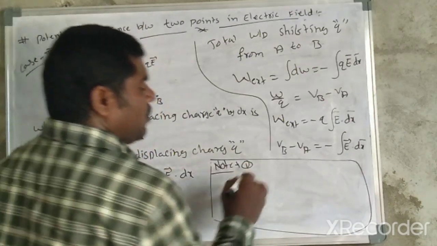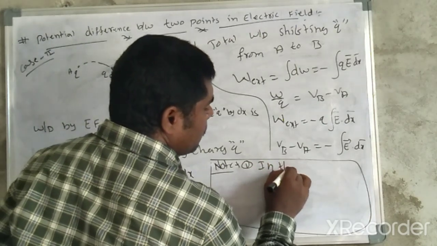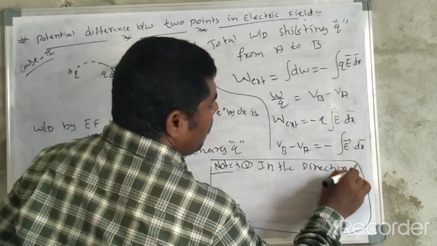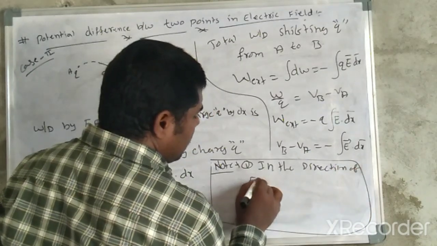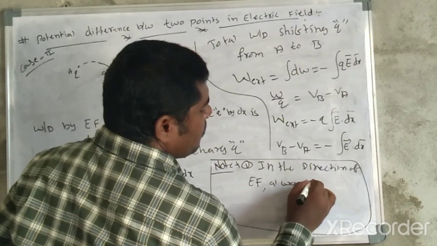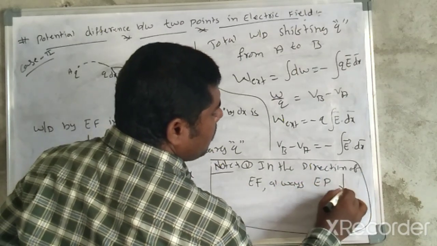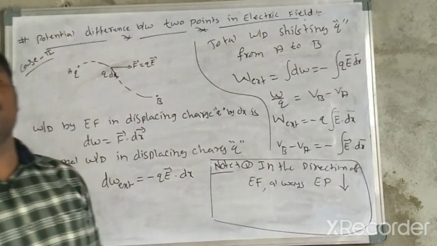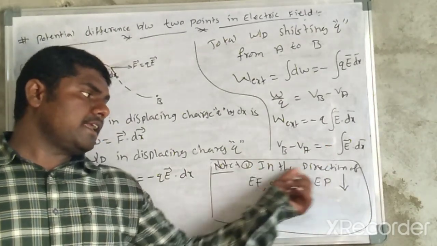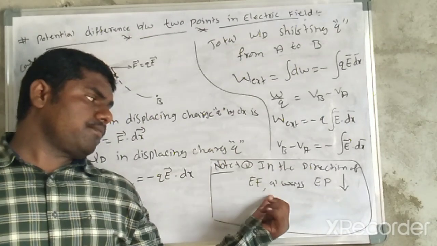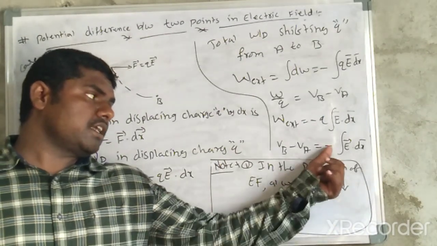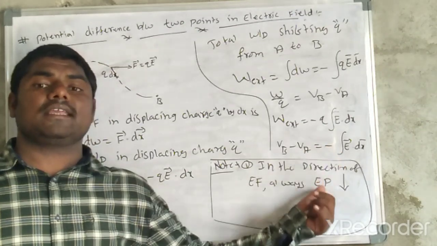Here the minus indicates that in the direction of the electric field, the electric potential is always decreasing.